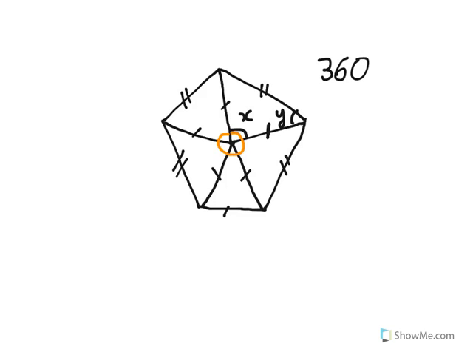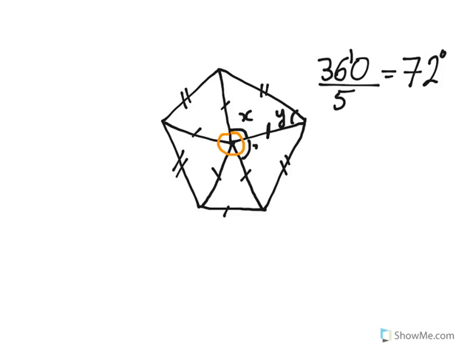So the angle of x must be 360 divided by 5, which would be 5s into 36, 7, 1 left over, 5s into 10, 2, 72 degrees.